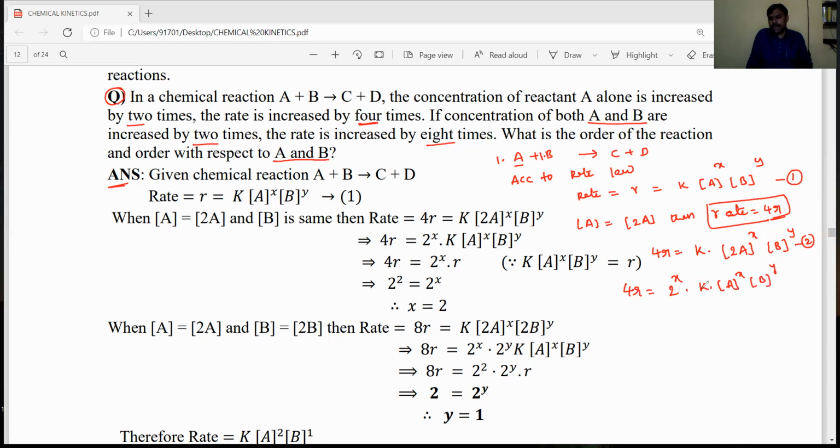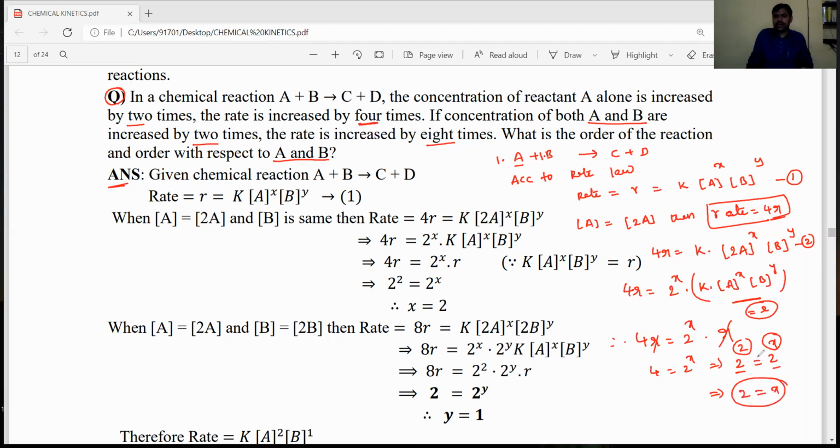This part is nothing but R. Therefore 4R is equal to 2 power x into R. R and R cancel, so 4 is equal to 2 power x. Then 2 squared is equal to 2 power x. The bases are 2, and if bases are equal, the powers should be equal. Then 2 is equal to x. Therefore, the order with respect to A is 2.